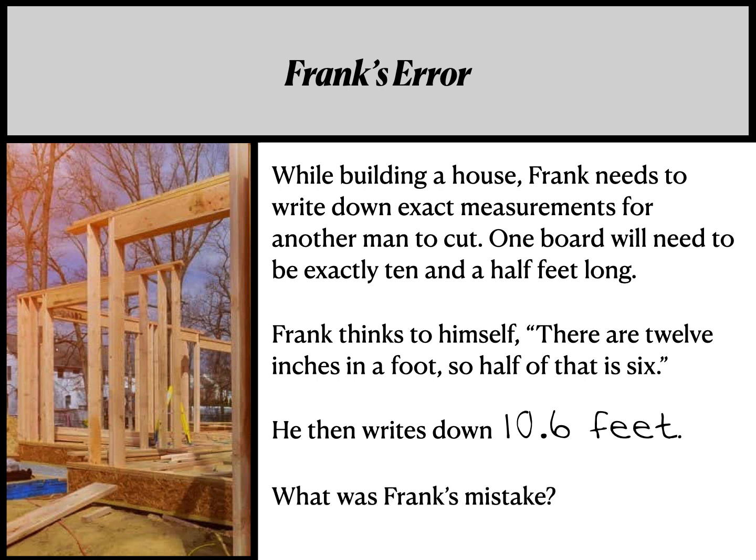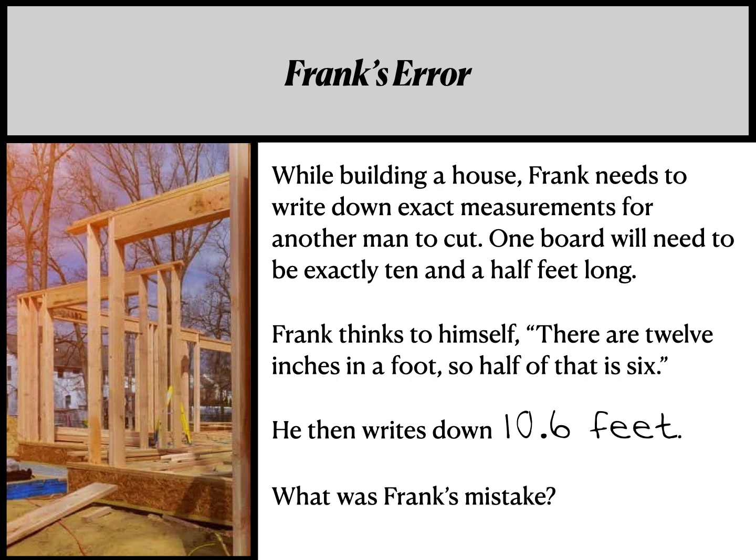What was Frank's mistake? Think about this for a minute. Now, if you don't see a mistake in this, then you need a little bit of review on fractions and decimals. So the problem that Frank did, when he was converting, he was focused on the fact that there are 12 inches in a foot and half of that is 6.